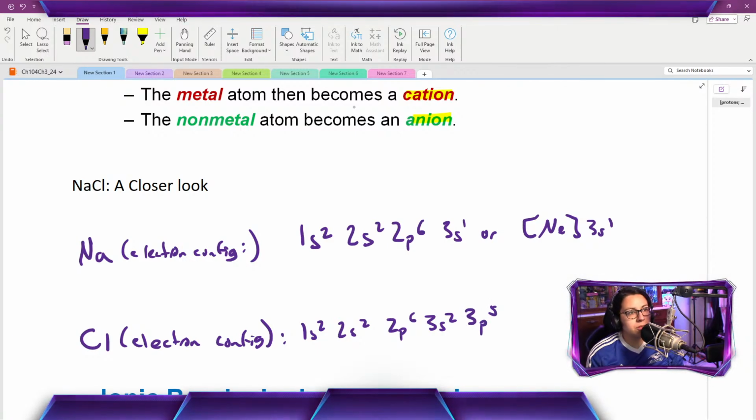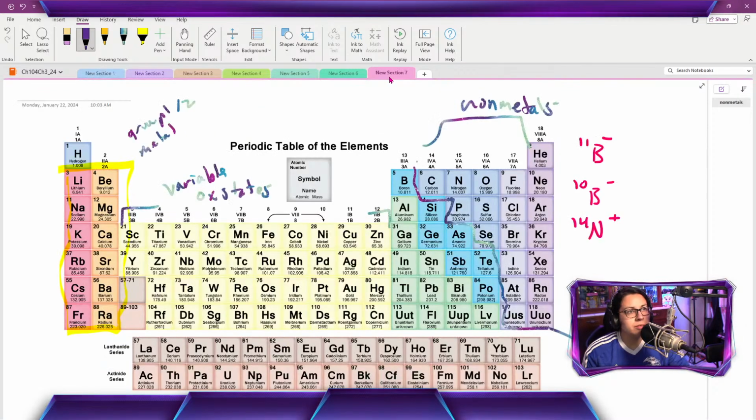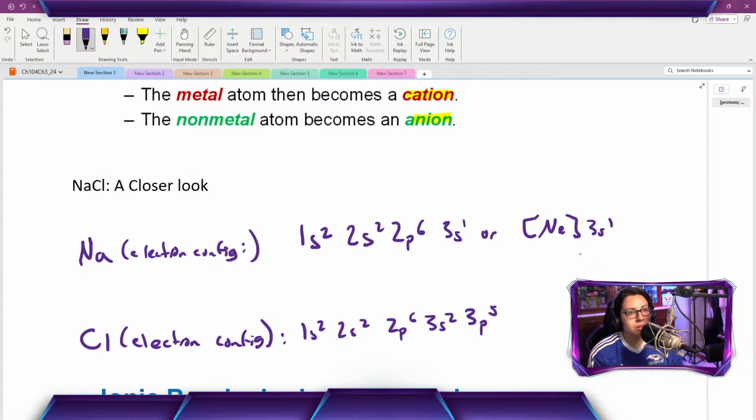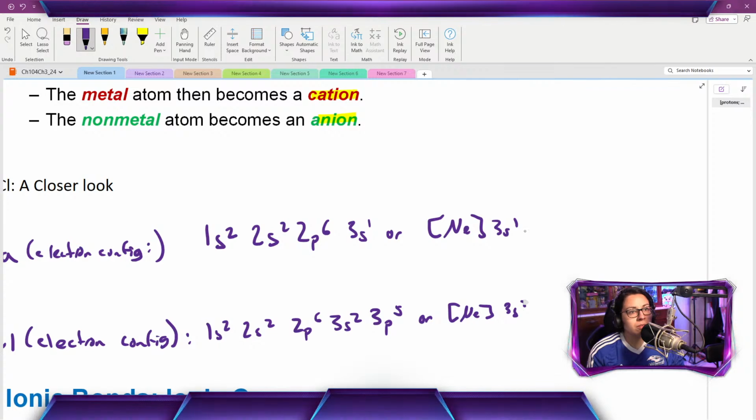Again, we can double check: 2, 4, 10, 12, so 17 electrons. That matches for chlorine. We could have written it with our abbreviated form: neon 3s2 3p5.